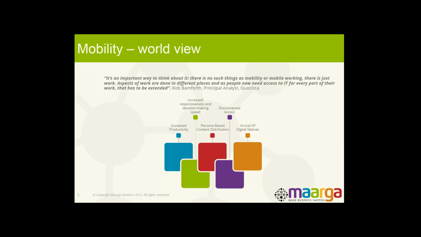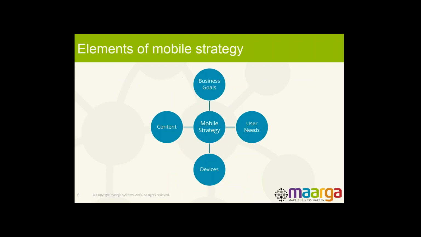So if that is the case, what are the elements of a mobile strategy? How do we go about doing this? That's the very first step. Understand that your business goals come first. I would just share a small story. We had an organization, a pure BPO kind of enterprise, local here, and all they were doing was getting some data, processing it, and sending it back.